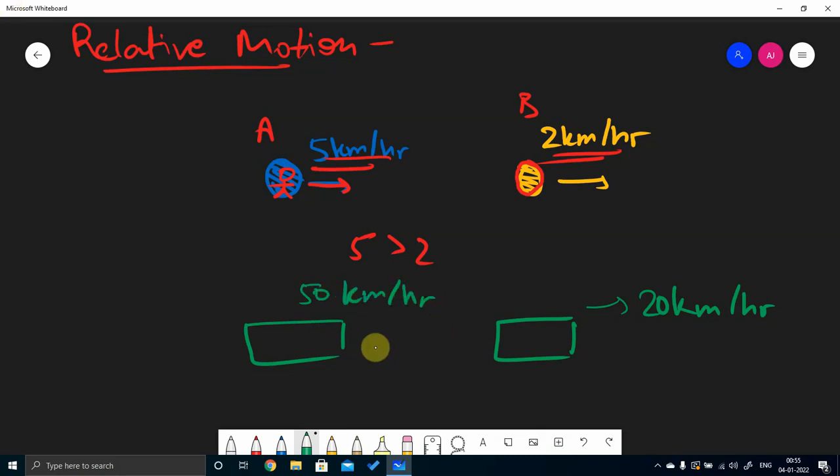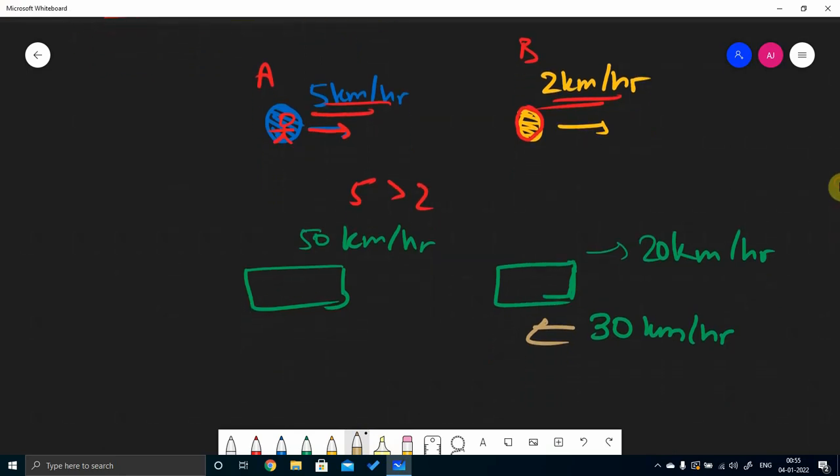So this truck would seem to you to be moving at 30 kilometers per hour towards you, because you're catching up to it. Do you understand what I mean? You are catching up to it.